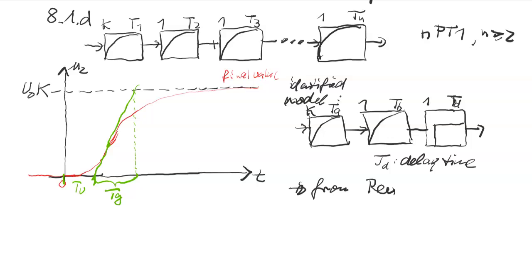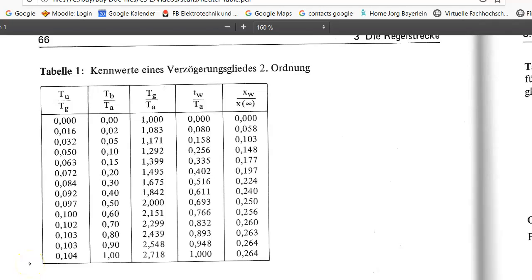You don't need the book because I can show you how this works, and then I give you a computer module which can do the job for you, but the background should be clear. So I show you how Mr. Reuter works. I show you a table from the book, on page 66.